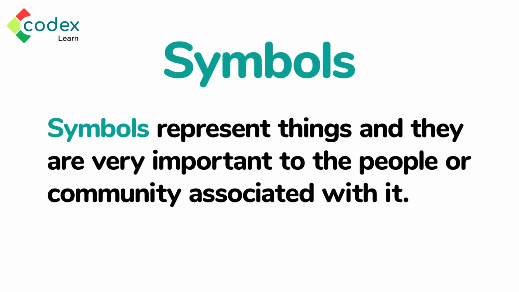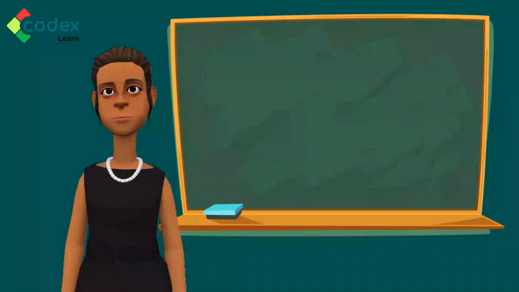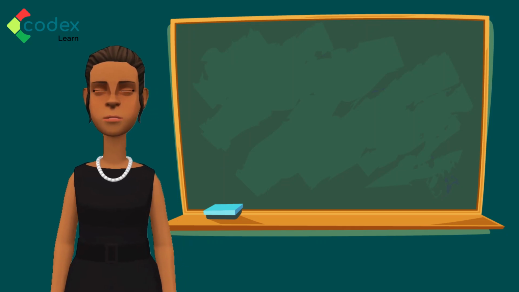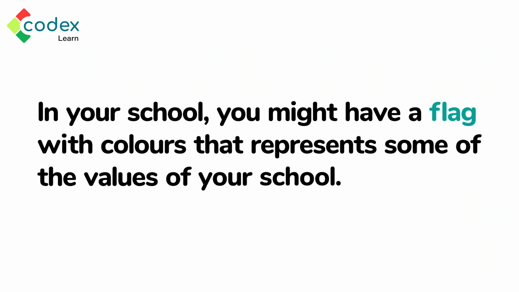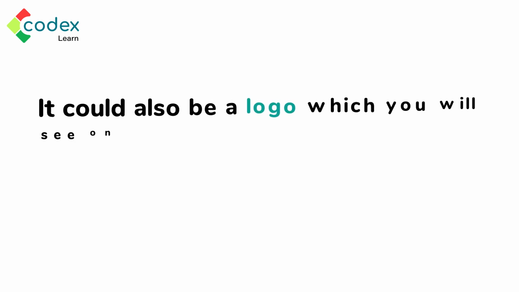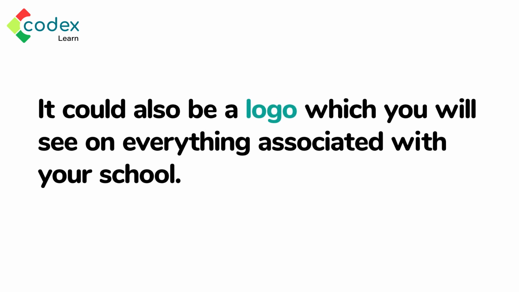Symbols represent things and they are very important to the people or community associated with it. We have symbols everywhere. For example, in your school, you might have a flag with colors that represent some of the values of your school. It could also be a logo, which you will see on everything associated with your school.